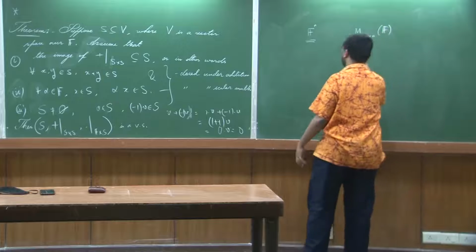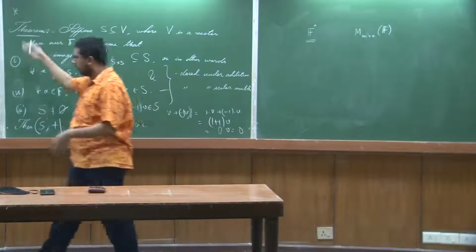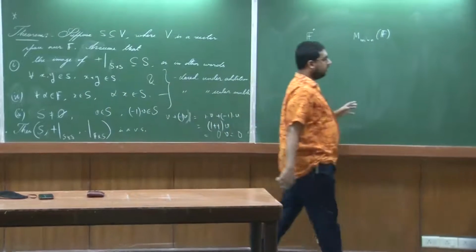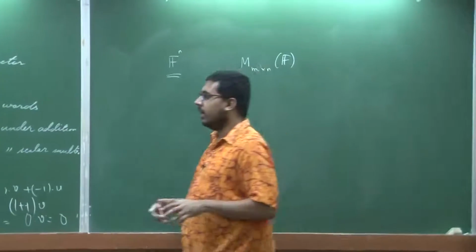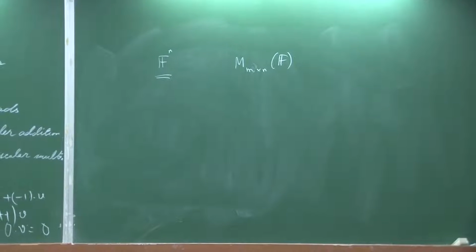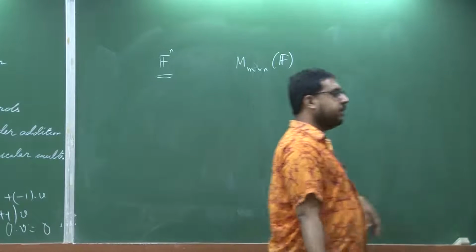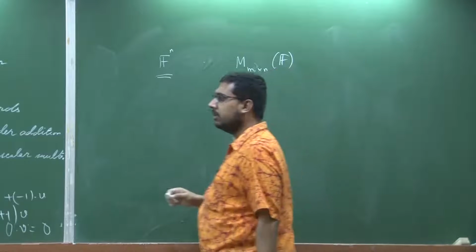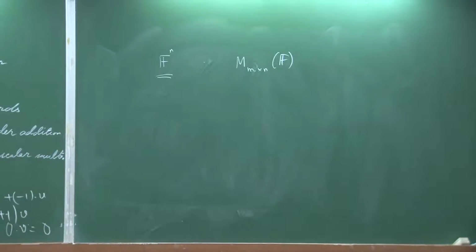This is in a sense the mother space from which all these examples are appearing. Now, what we are going to see is, we will observe that these two examples, both of them are actually a special case of something.